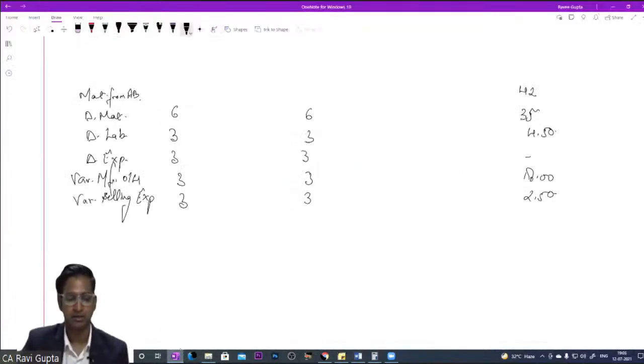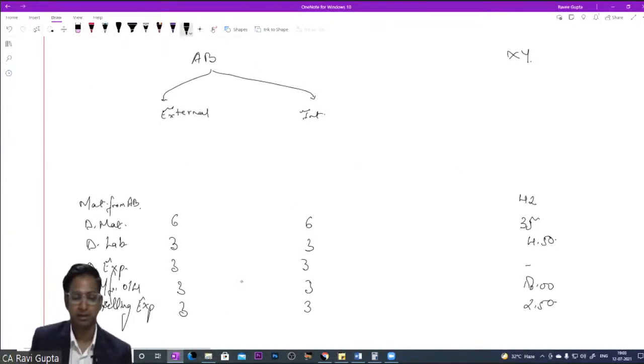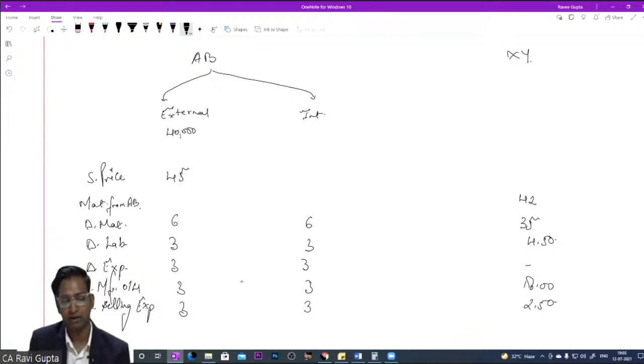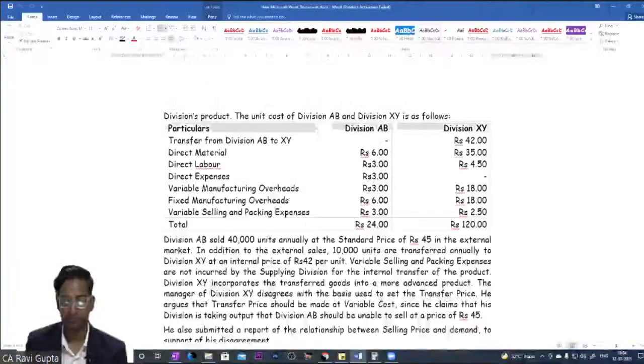It sells annually 40,000 units at a selling price of rupees 45 in an external market. In addition to the external sales, 10,000 units are transferred annually to division XY at an internal price of rupees 42 per unit.